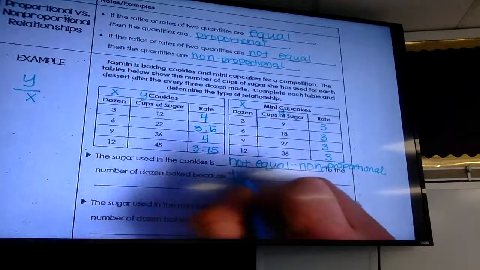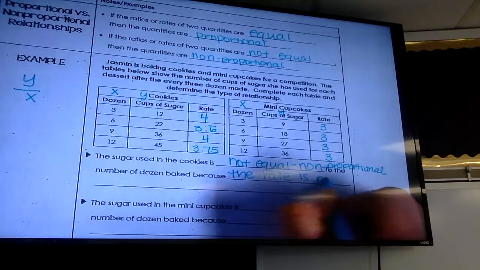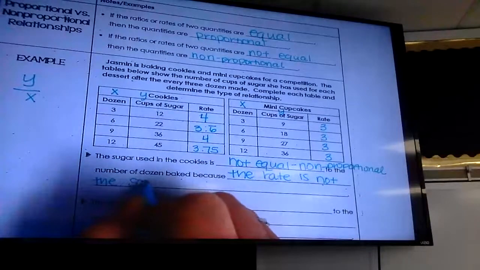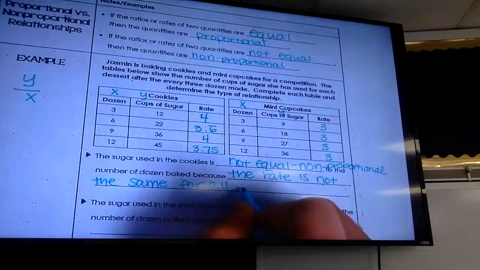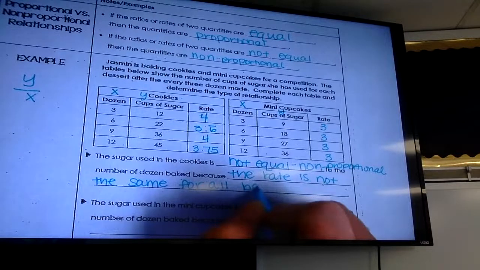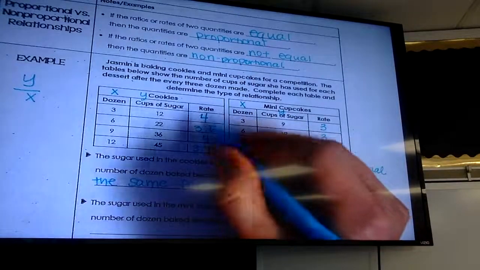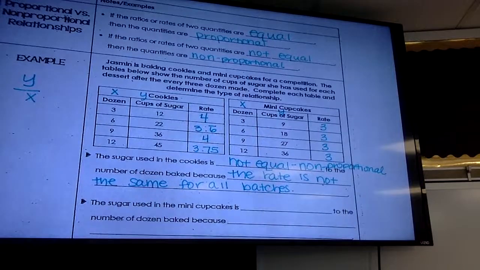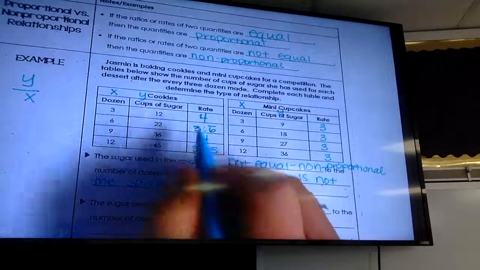Because the rate is not the same for all batches. This rate would need to say the same thing for all of them in order for it to be proportional. So this is a non-proportional rate relationship because the rate is not consistent.